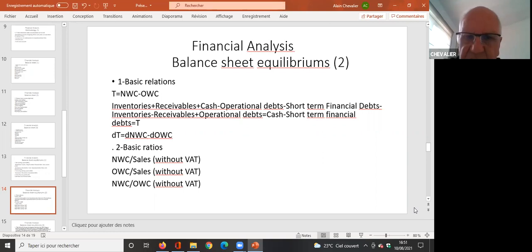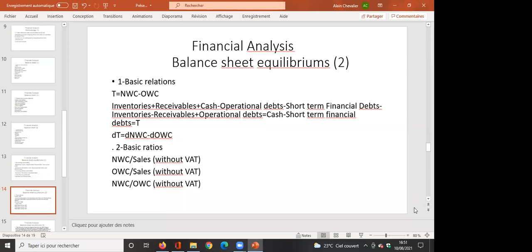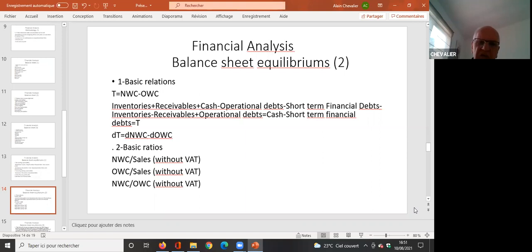It means if you do the same calculations comparing 2 years, n plus 1 and n, you will find that the modification of T is equal to the modification of net working capital minus the modification of the operating working capital. So the static relation, which is T equal net working capital minus operating working capital, can become more dynamic, introducing 2 periods of time.